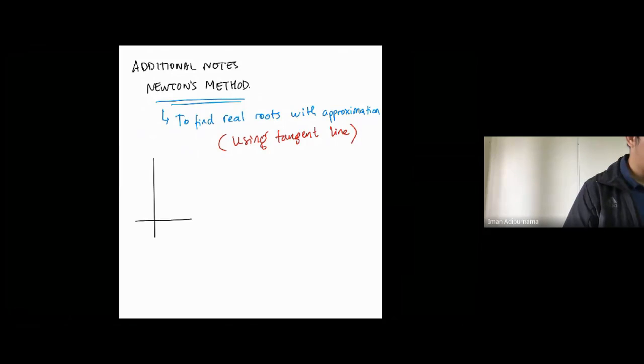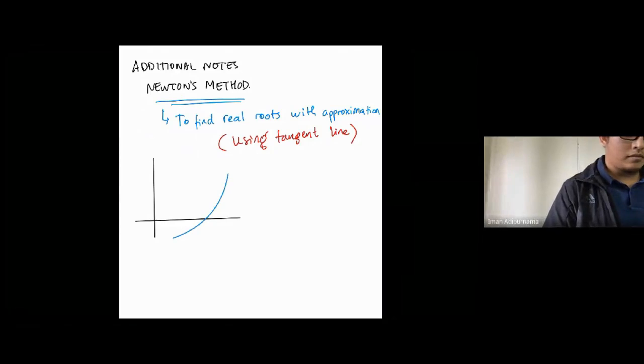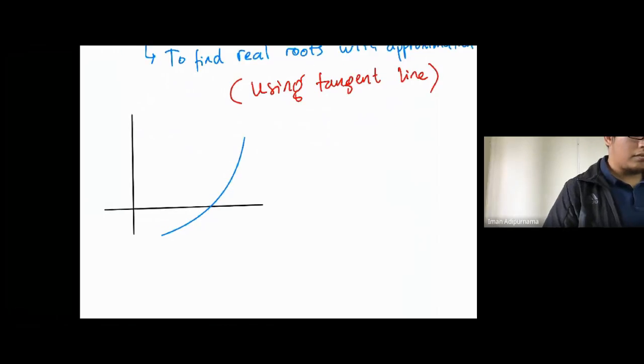And let's start with some graphs. I will approach the roots on the x-axis of the function, from maybe around here, to give you an idea, and we can review our Newton's method.